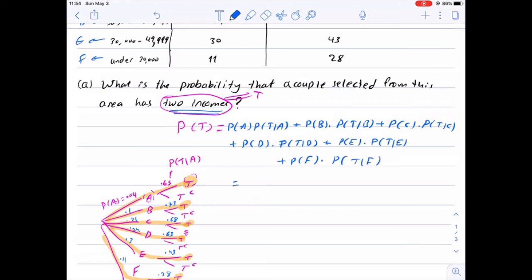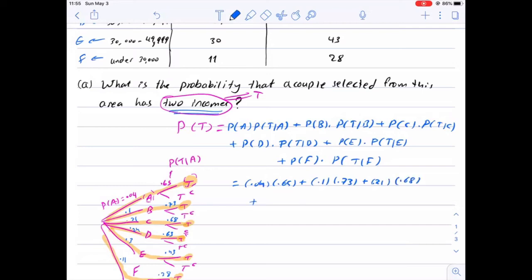Now these probabilities, we just find the sum of the products. So that means 0.04 times 0.65, plus 0.1 on the second branch times 0.73, plus on the third branch 0.21 times 0.68.